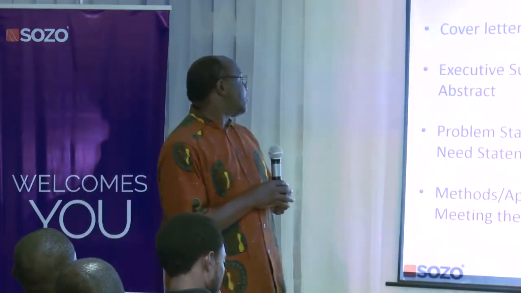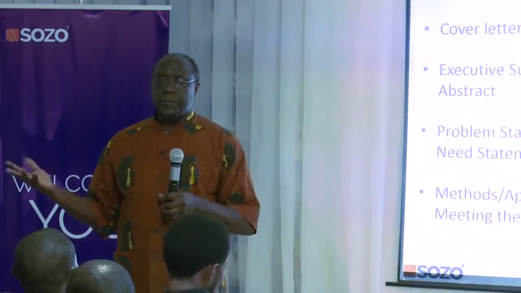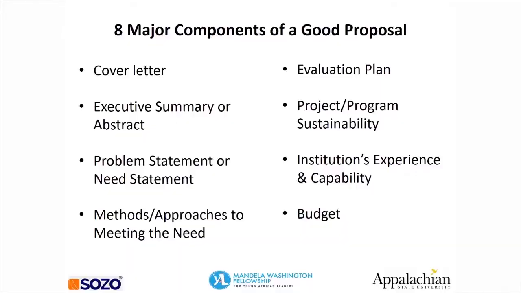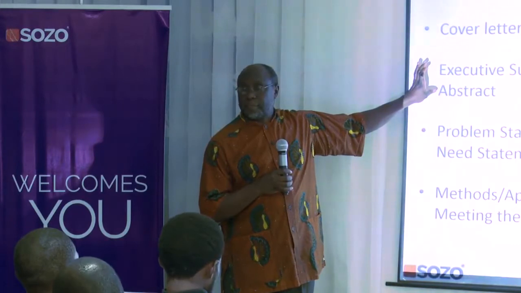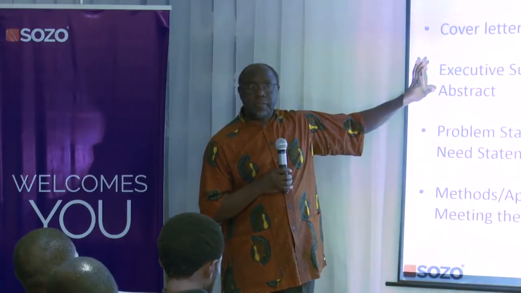Okay? No. And then you have an executive summary, or what we call abstract. In some proposals, they may call it abstract, but it's really a summary of your proposal. Now, this part, even though it comes at the top of your proposal, is written last. You understand?